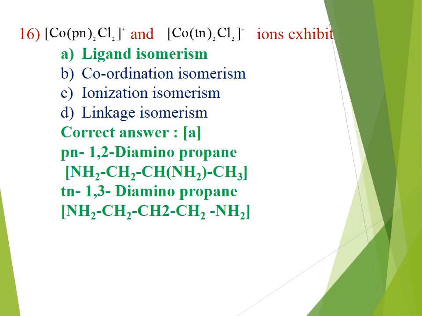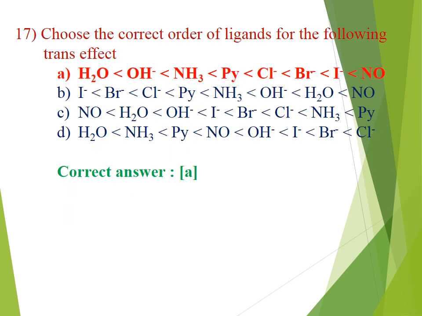According to this problem, pn is 1,2 diaminopropane and tn means 1,3 diaminopropane. Therefore the only difference is the position of the amino group. Therefore the correct answer is A. These two complex ions show ligand isomerism.